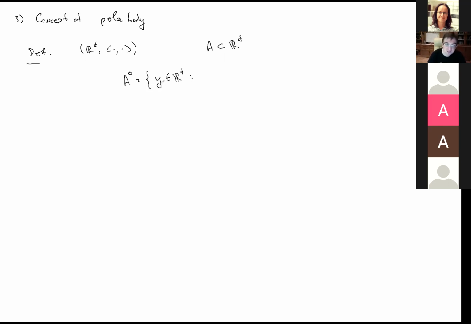Strictly speaking, it must be defined as a subset of a dual space, but in finite dimensions, there is no need to do this. And this set is called the polar set.